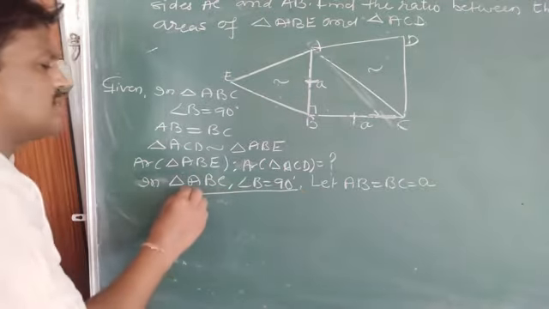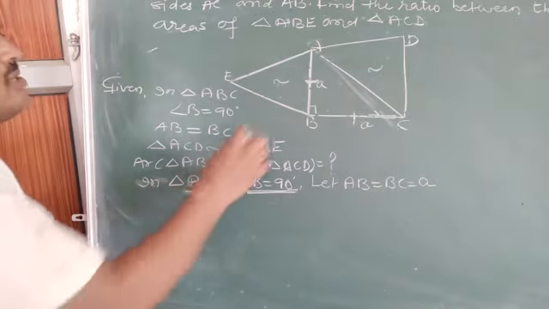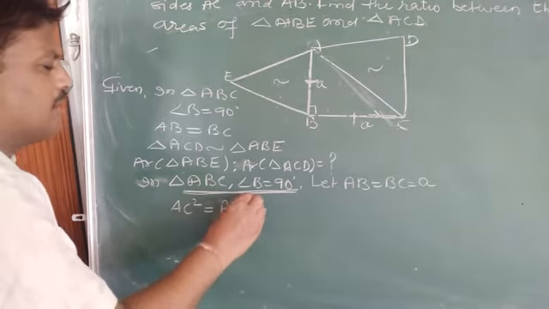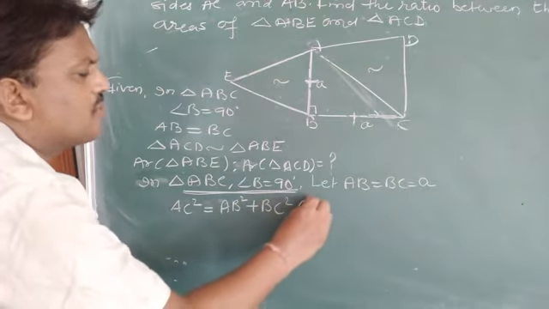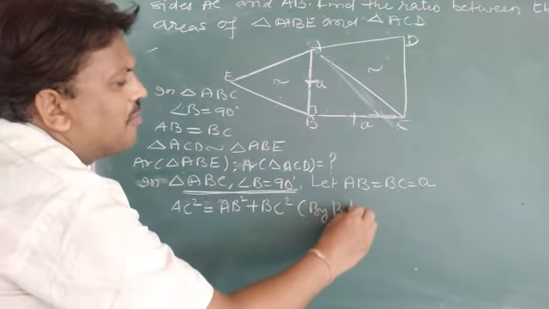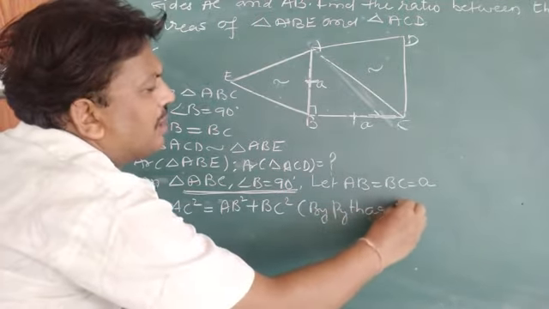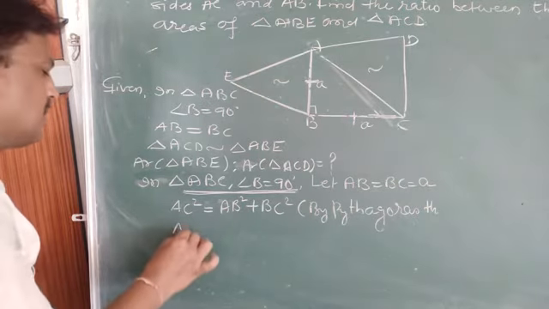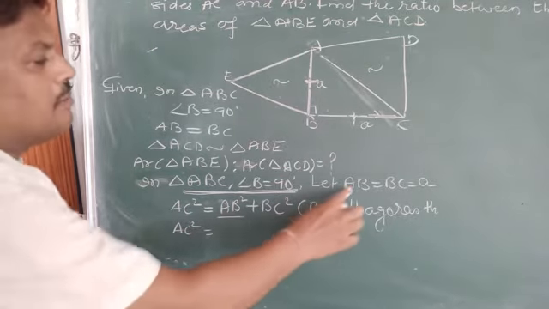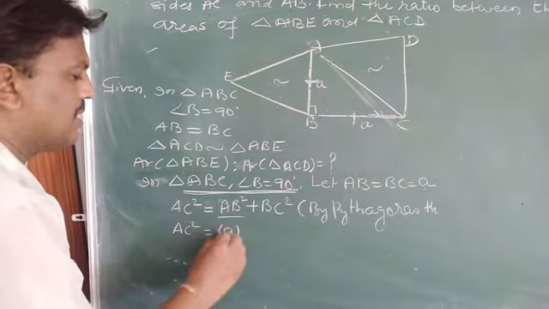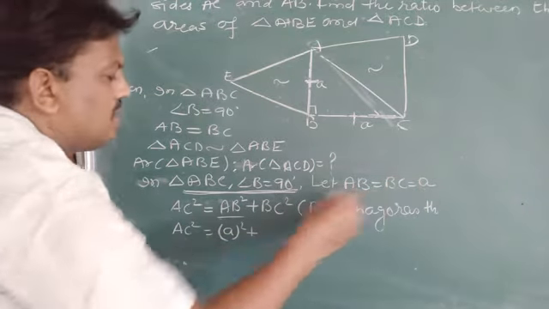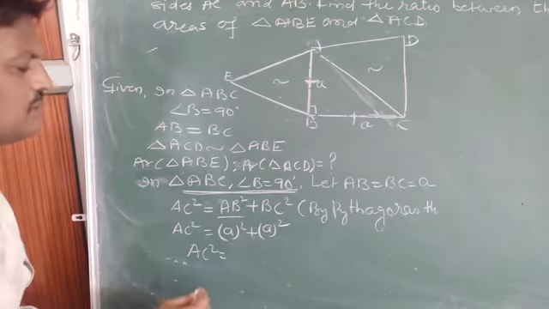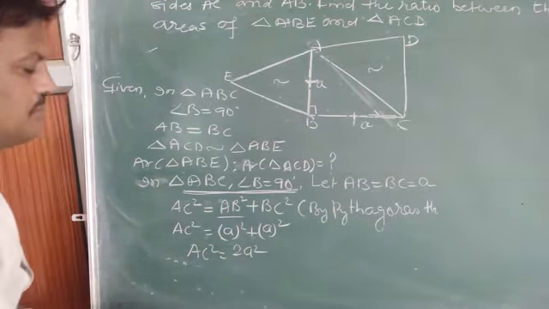By seeing this triangle, we can say that hypotenuse AC square is equal to AB square plus BC square. How can you say? By Pythagoras theorem. AC square is equal to AB, which is A, that is A square, plus BC, also A, A square. So AC square is equal to A square plus A square, 2A square.